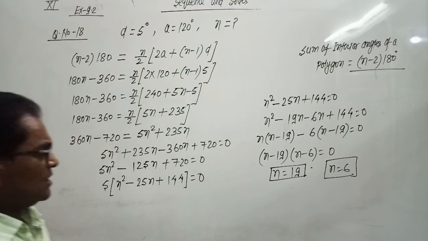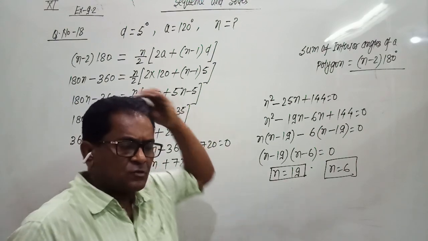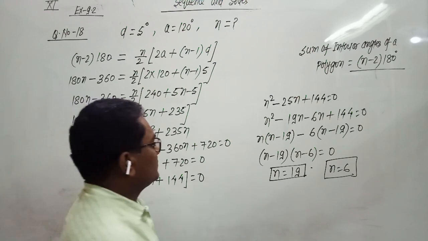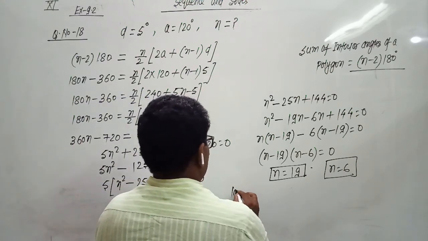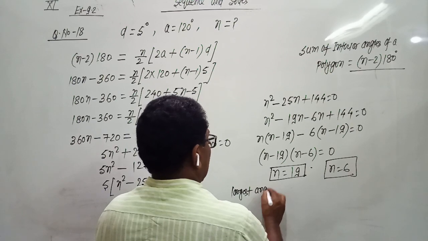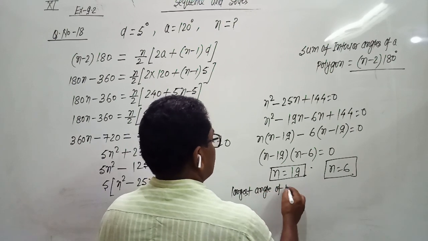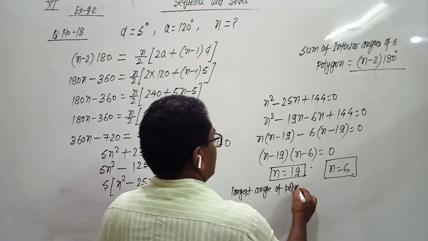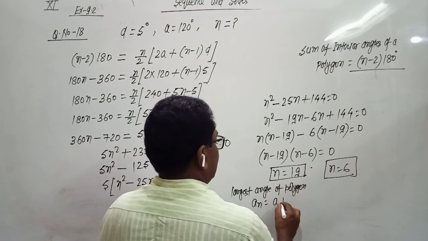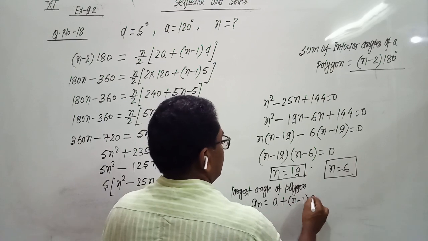But when we take n equals 19, then the largest angle of the polygon means the nth term. So an equals a plus (n minus 1) d.